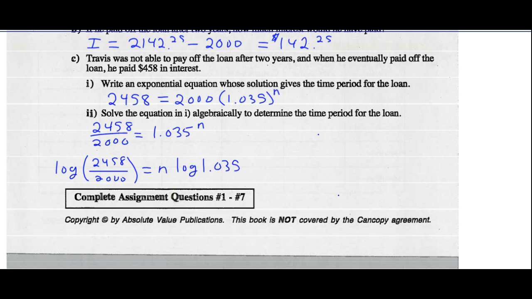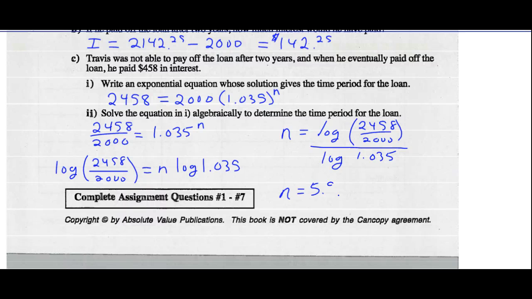And now to solve for n, we can divide both sides by the common log of 1.035. So I've got the log of 2458 divided by 2,000 all over the common log of 1.035. If you do that, you get n is like 5.999 and so on. So we would say 6 years to pay off the loan.